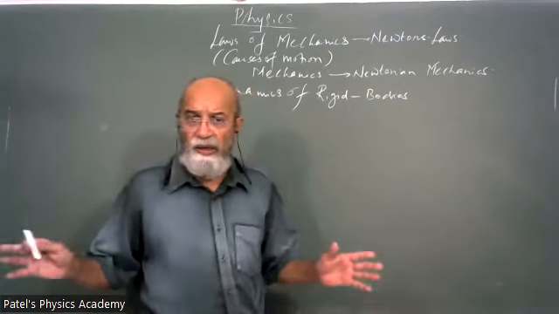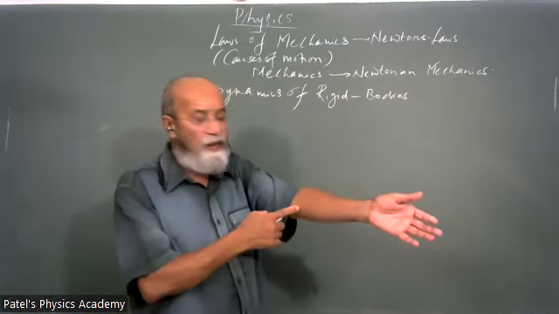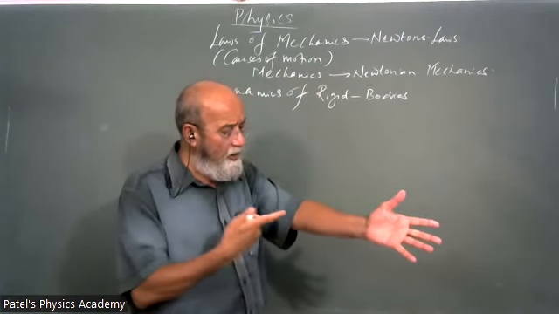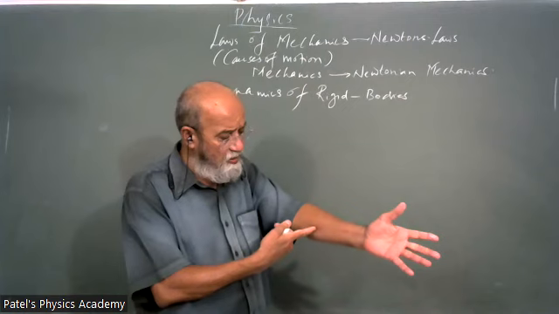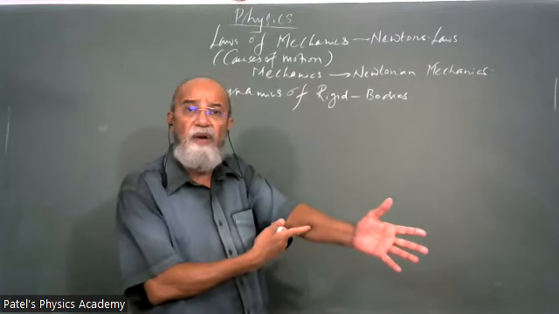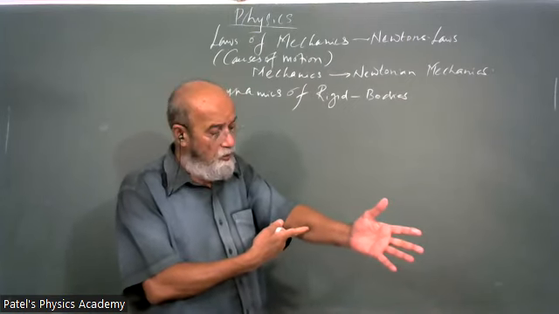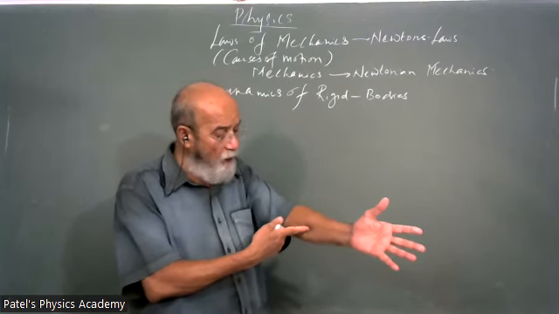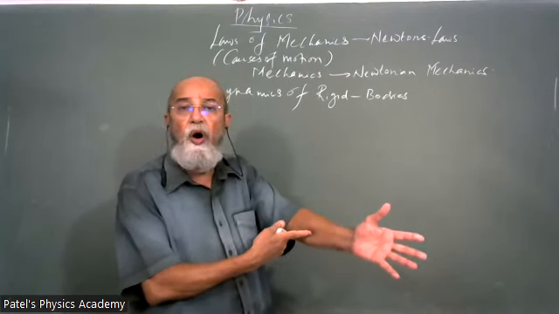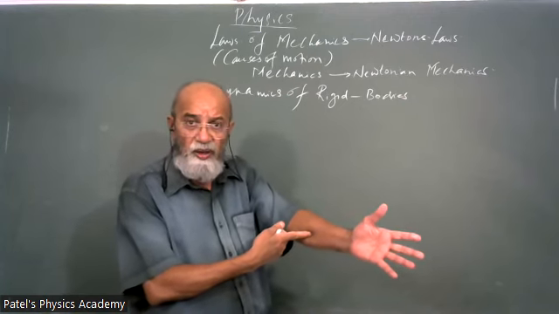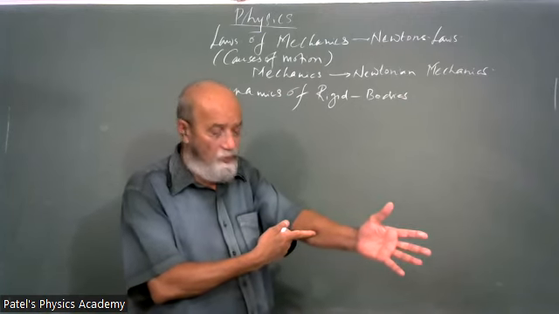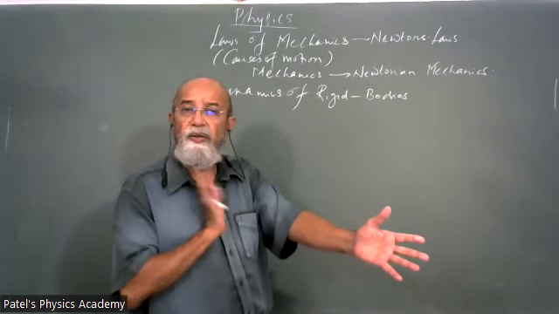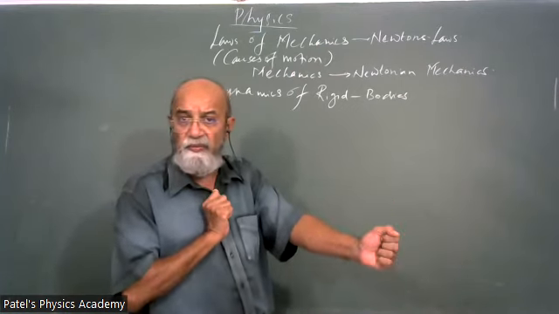All objects around us. My hand shows a great level of elasticity. I'm applying a force, but my hand is not moving. What's happening? There's something else happening. The object is getting deformed. Its shape is changing, and when I withdraw this force, it comes back to its original shape.